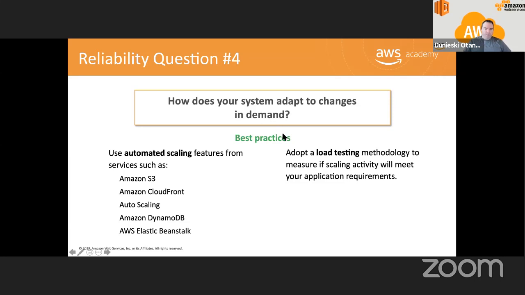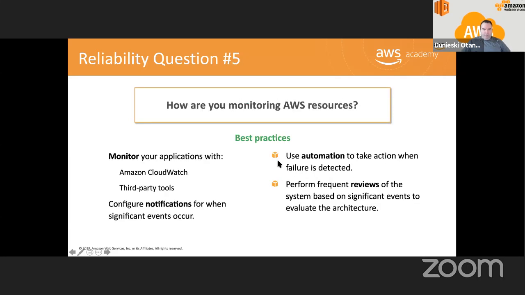So adopt a load testing methodology to measure if scaling activity will meet your application requirements. Like we spoke before, we have to test your system before things happen. That should be part of your daily routines. How are you monitoring AWS resources? Monitor your applications with Amazon CloudWatch, or you can use third-party tools.